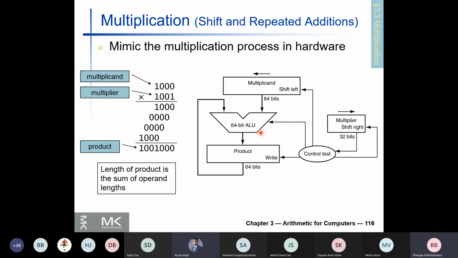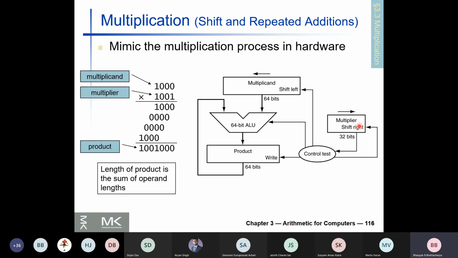You're right. And this 64-bit ALU, because if you consider this staircase, imagine that you have padded the blank entries with 0. Similarly, you have padded the blank entries with 0 on the left side, right? So that's why a 64-bit ALU is used here.